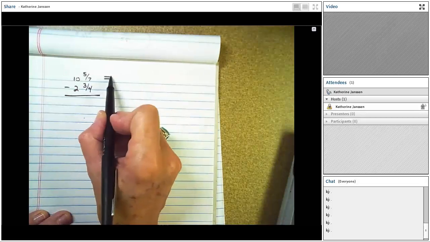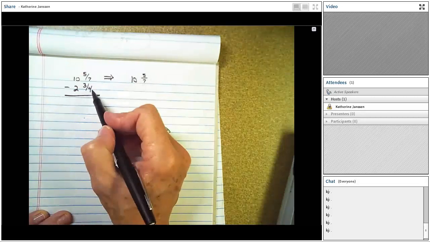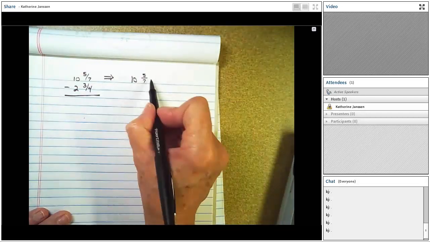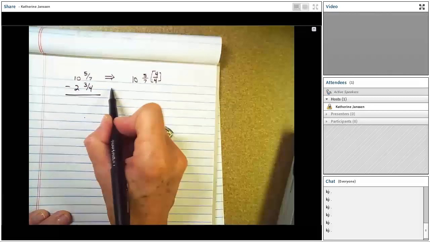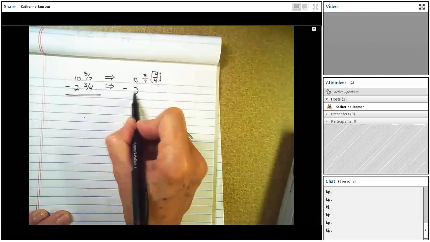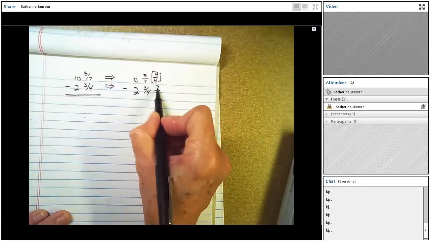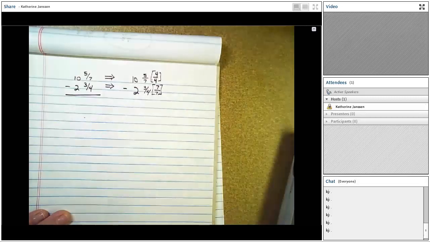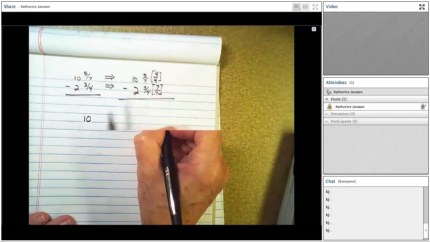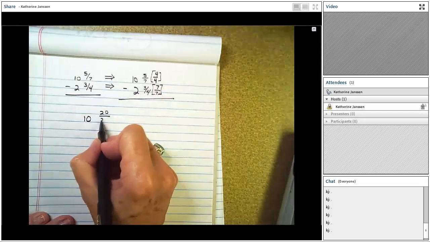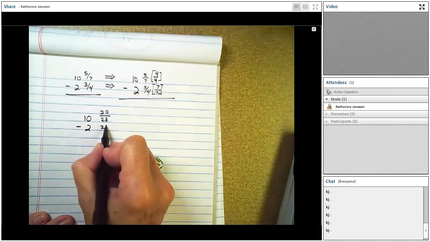So we're going to convert 10 5/7. 7 times 4 is 28, so we'll convert to 28ths. And 4 times 7, multiply in the numerator by 7 as another name for 1. So I have 10, and 5 times 4 is 20, 20/28. I'm going to subtract 2, and 3 times 7 is 21, 21/28.